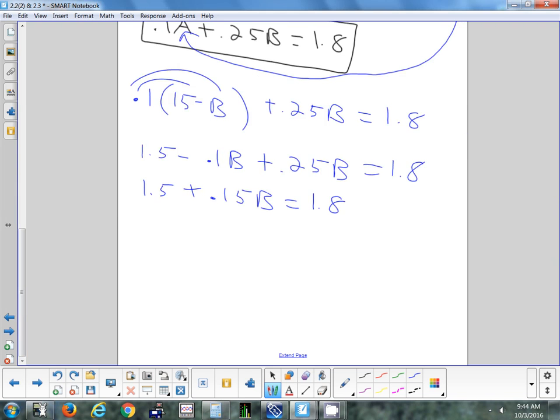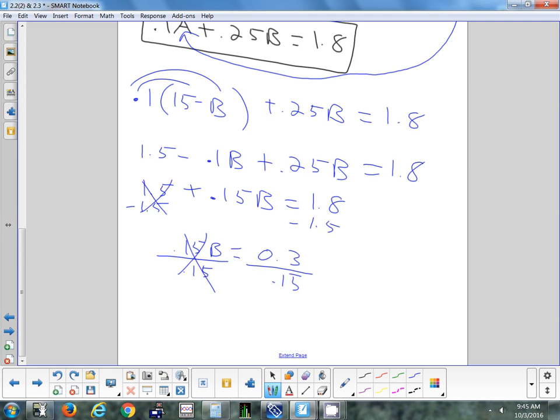Two steps left. What's my second to last step? James? Subtract 1.5. Yep. That's going to give me 0.15B equals, what's that, 0.3? And my last step, divide by 0.15. This is the same as asking how many times does 15 go into 30?